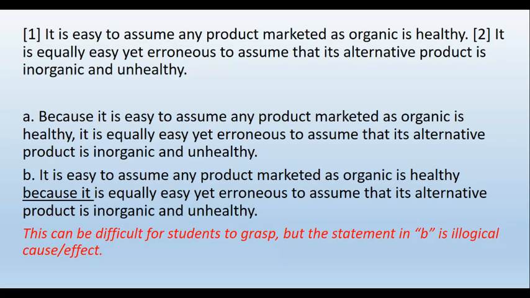I'm confusing myself just simply saying this, and I wish I wasn't in a live video that I was recording this in. Once again, the first one says we can assume organic things are healthy because the inorganic ones are unhealthy, and it's actually the opposite. We can assume the inorganic ones are unhealthy because we assume the organic ones are healthy.